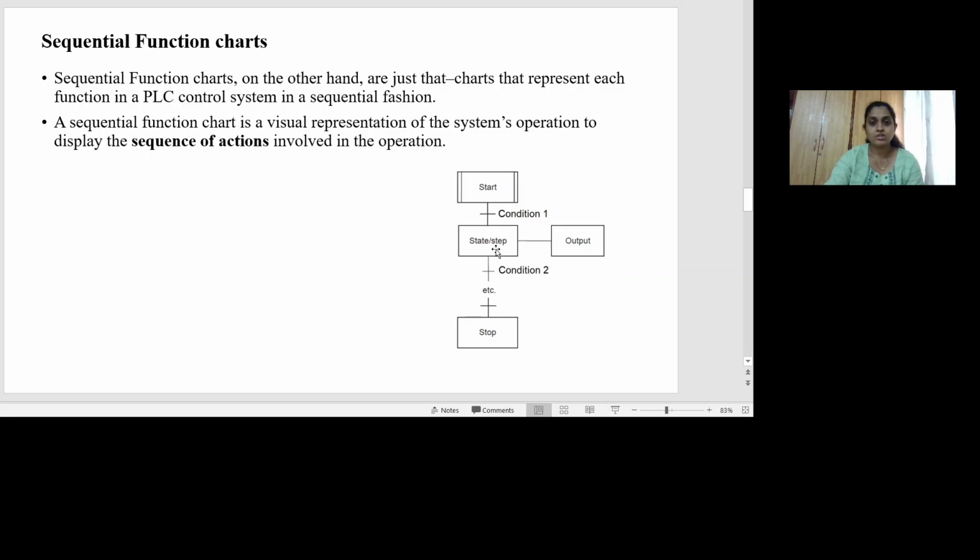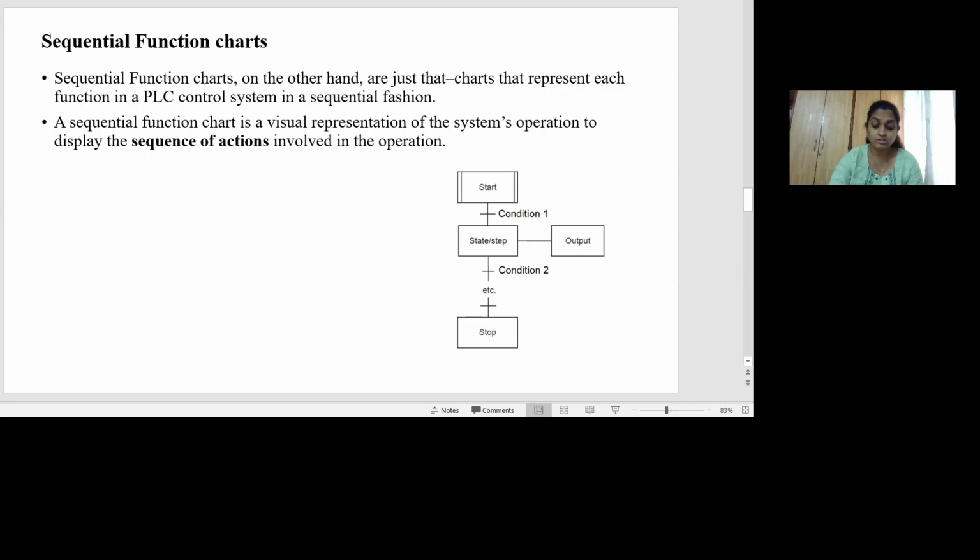The advantages would include that the entire control process is broken into a number of steps. Hence, the troubleshooting becomes very easy and fast. Here, designing and writing the logic for the step becomes faster.